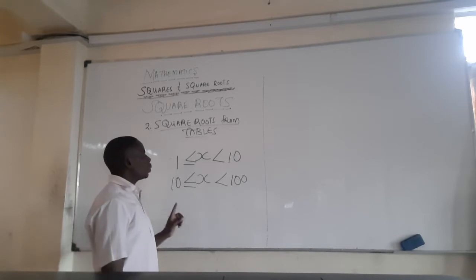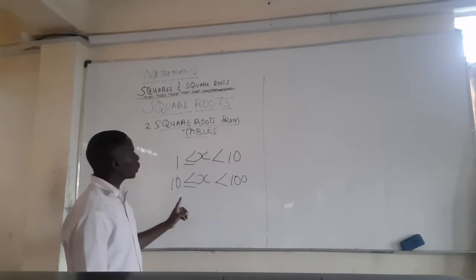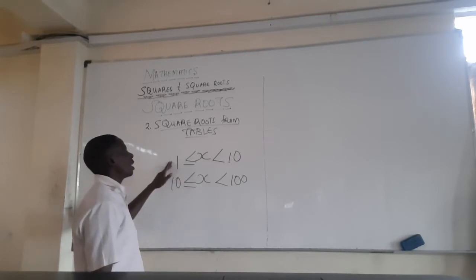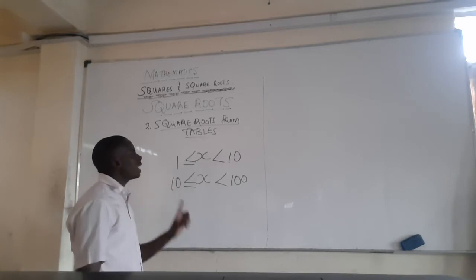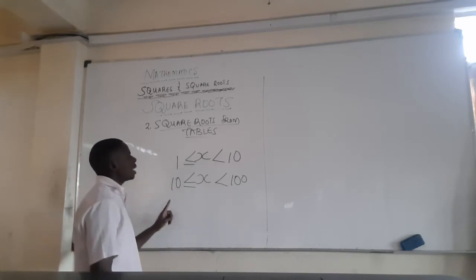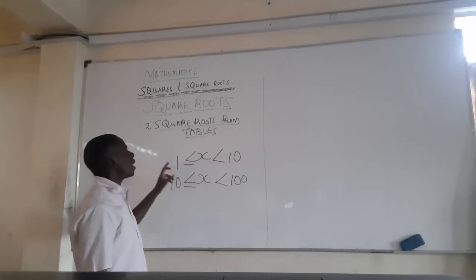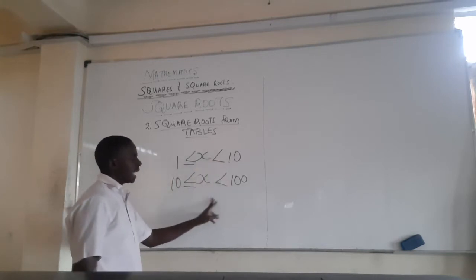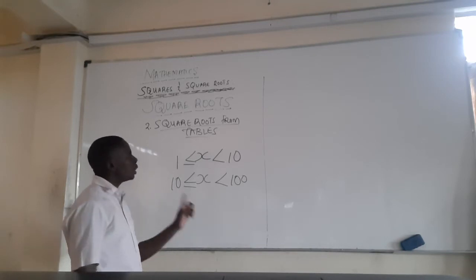What determines which table to use is this: if the number does not belong to the first range or the second range, then we have to write it in such a way that it will follow in either the first table or the second table. What matters here is the power to which we raise the number.